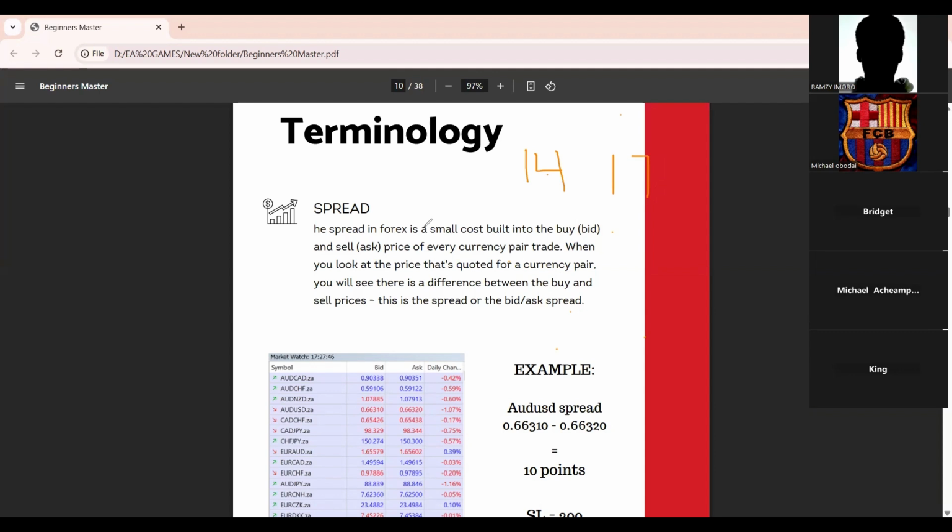Can you see there's a 3 cities difference? The distance between these two prices is what we call spread.